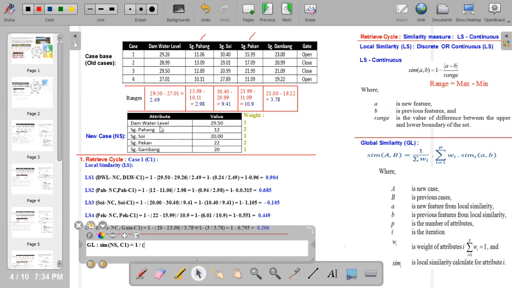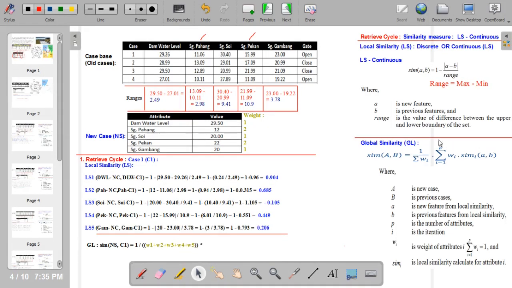Each of these attributes has its own weight, right? So I'm going to write W1 plus W2, the weights, and the weights for attribute 3, attribute 4, and attribute 5. Then I'm going to do brackets here. So firstly, we get the summation, multiplying by the weighted sum of the local similarity.